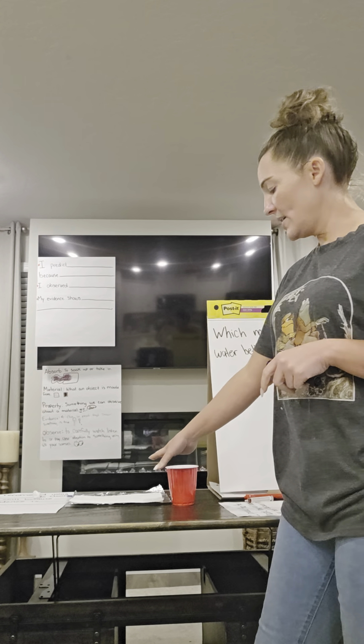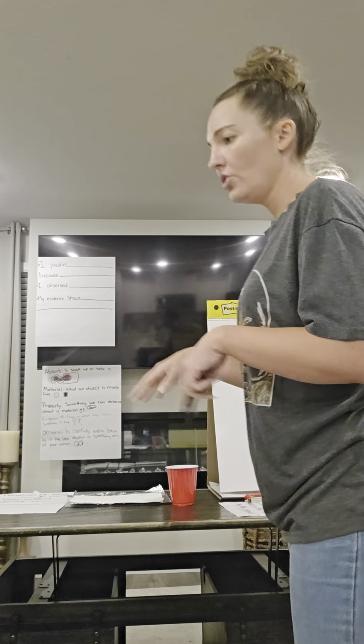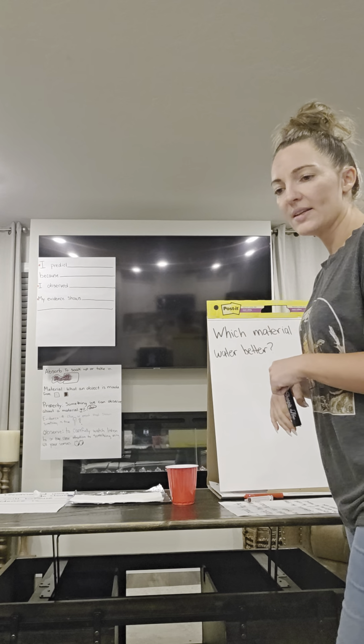So what I want you to do real quick is turn and talk to your neighbor. You've seen the materials we have. I want you and your neighbor to make a prediction each on which one of these materials you think will absorb the water best and why. Once you're done talking to your neighbor, we are going to write down our prediction.